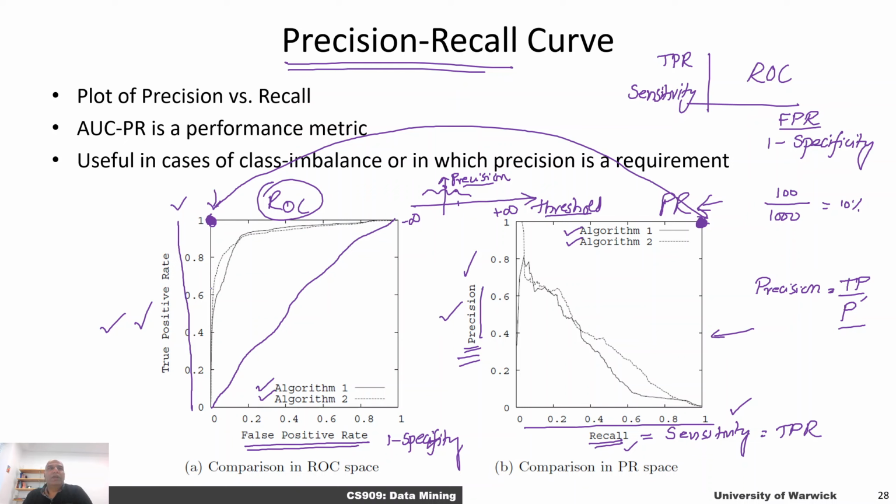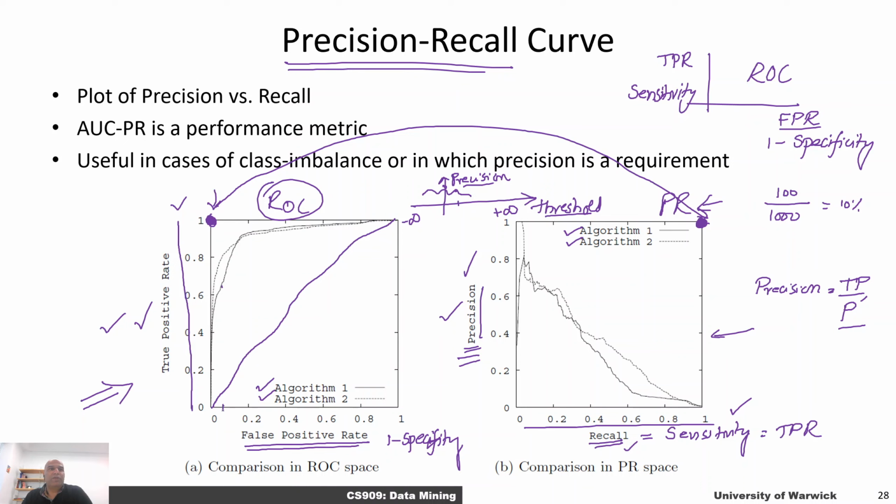Okay, so if you look at these two curves, which I really messed up on your screen, we can say that algorithm one, the data shown by this solid line over here, has a much lower true positive rate at a given false positive rate.